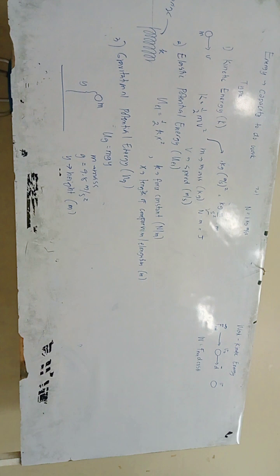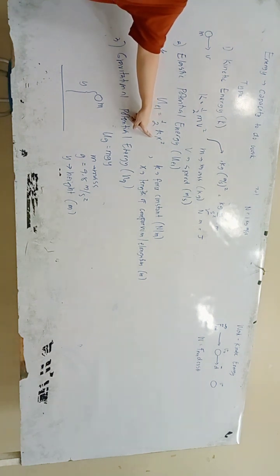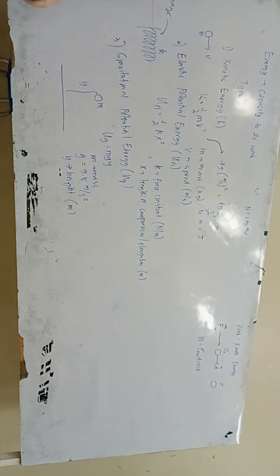When the spring is elongated or compressed, it stores an elastic potential energy U sub EL, which is equivalent to 1/2 times k times x squared, where k is the force constant and x is the length of elongation or compression from its uncompressed or unelongated state.